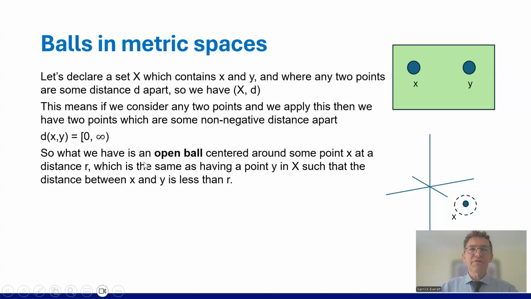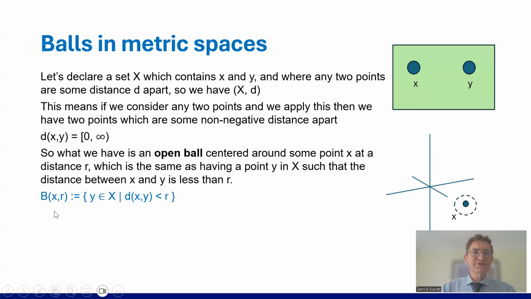What we have is an open ball centered around some point x, at a distance r, which is the same as having a point y in X such that the distance between x and y is less than r.